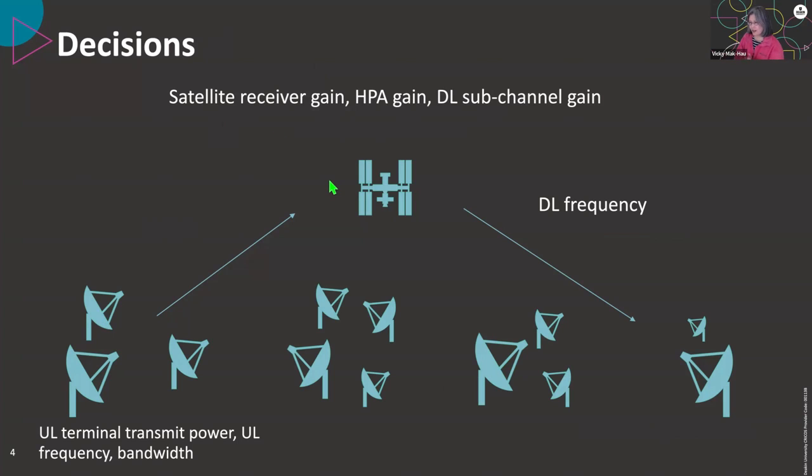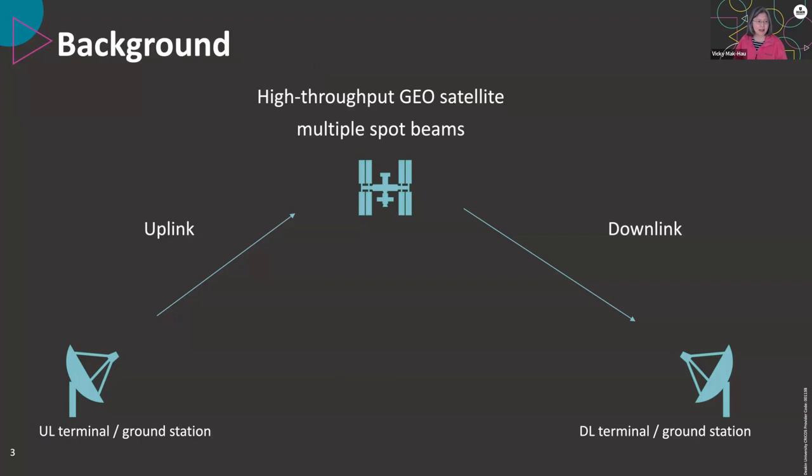So, SATCOM is all about transmission of signals, and so we have links, uplink and downlink. When one terminal wants to communicate with another terminal, we have a link. The uplink terminal could be a ground station, or it could be a user.